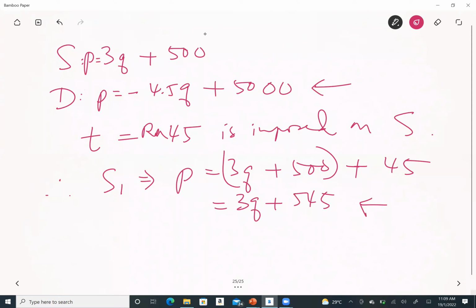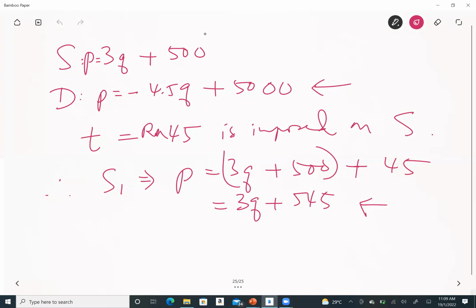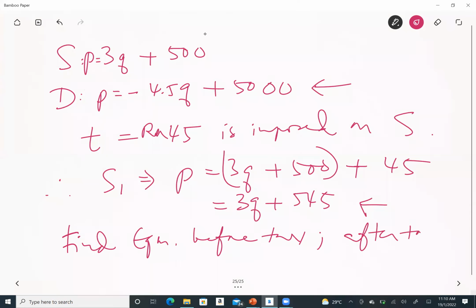So you can still work out the equilibrium. There will be two equilibria: one without the tax, the original one, and the second after the tax. You can find both. For this example, go and find them. I give you homework: find the equilibrium before the tax, that means before I put in the tax, and then find the equilibrium after tax.